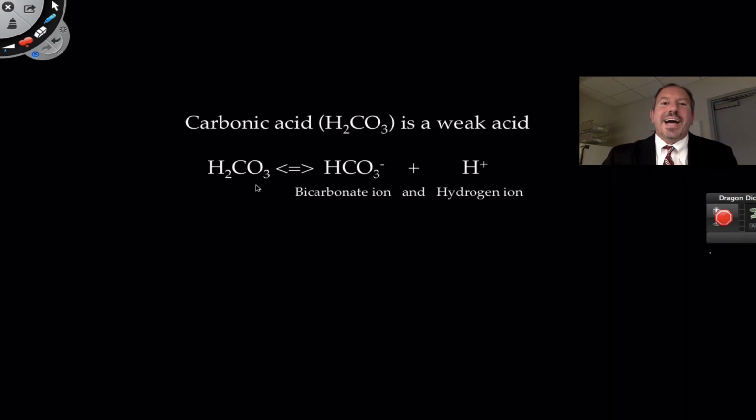So carbonic acid right over here can dissociate into bicarbonate ion and hydrogen ion, and so it's considered to be weak because it can be reversible as well. And so what's interesting about it is the bicarbonate ion is considered to be the conjugate base of the carbonic acid.